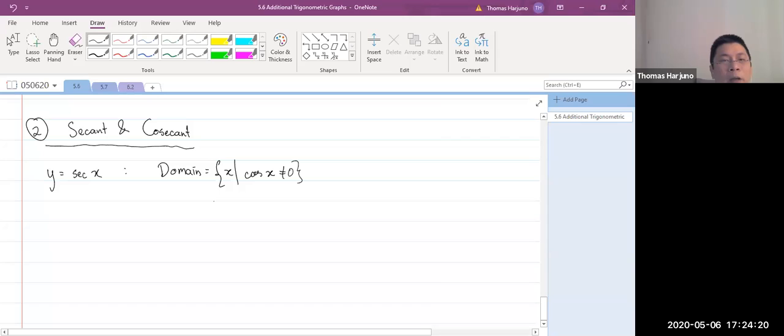Agree? If you look back at the tangent case, then you will see that x cannot be pi over 2 or any pi multiple of that.